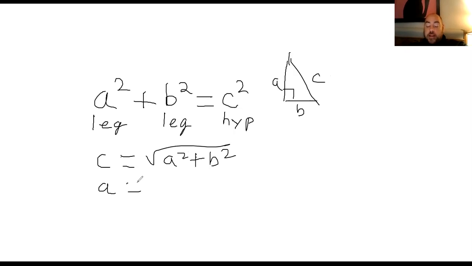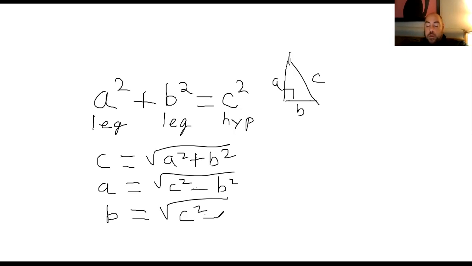For A, we first have to subtract B squared from both sides and then square root, so we get A equals the square root of C squared minus B squared, and then B equals the square root of C squared minus A squared.